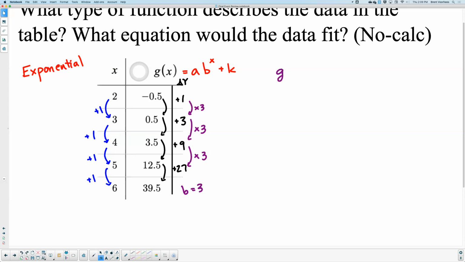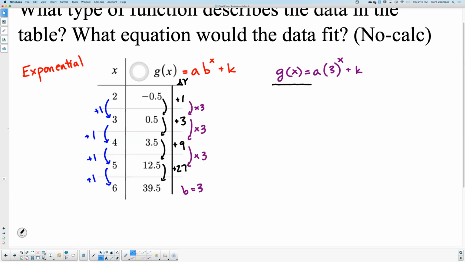So now we know g of x equals, do we know A? Do we know B? B is 3 to the power of X plus K. So how can I solve from here? We can plug in some points.